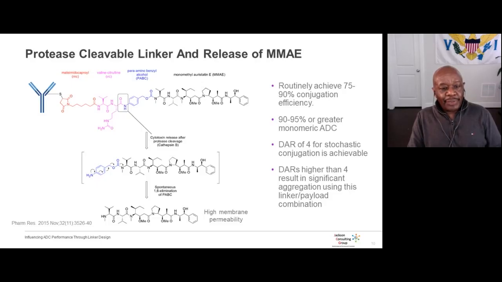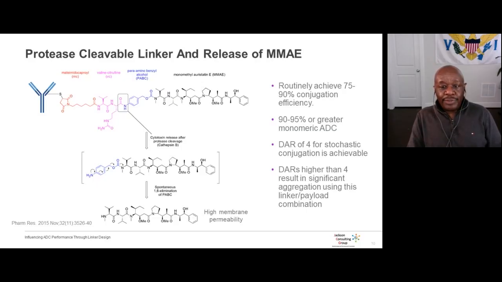This PAB-C spacer is there because it gives the cathepsin B, the protease cleavable enzyme, the ability to come into this space, cleave the dipeptide linker, thus resulting in the release of this active molecule, which is MMAE. MMAE has very high membrane permeability. So as I mentioned before, this is one of these molecules where you're able to get bystander activity.